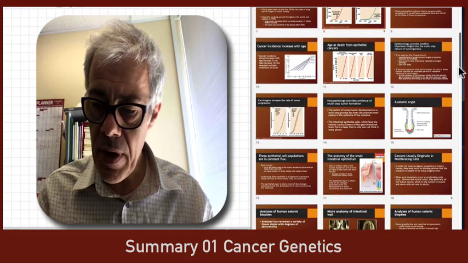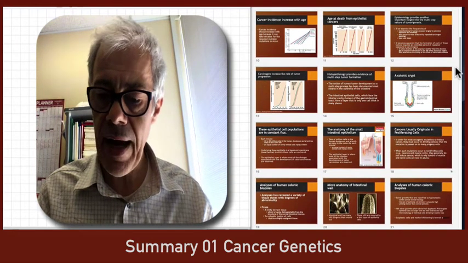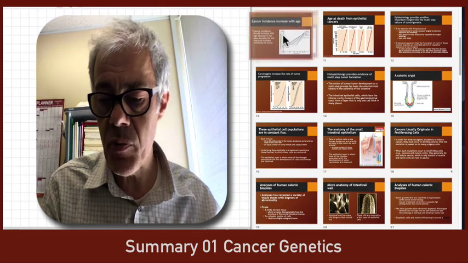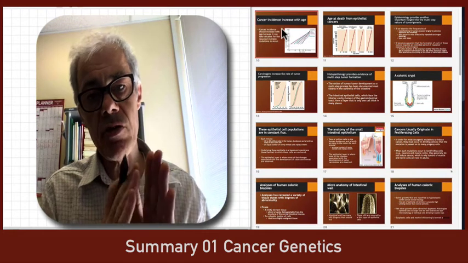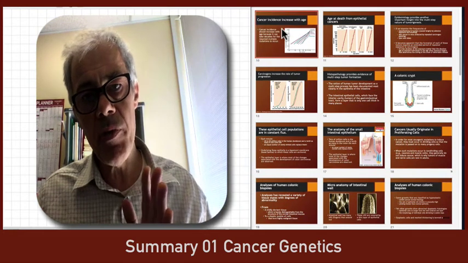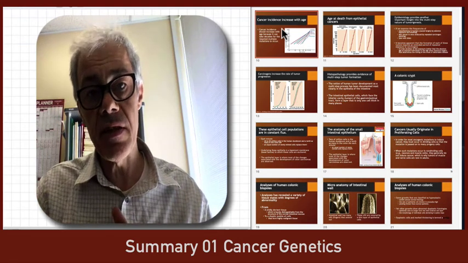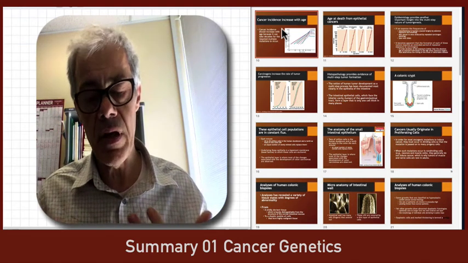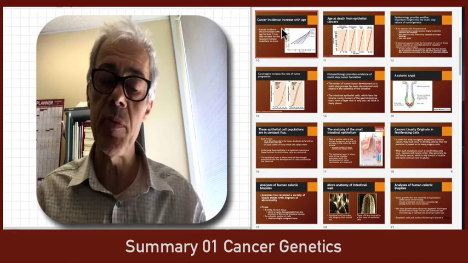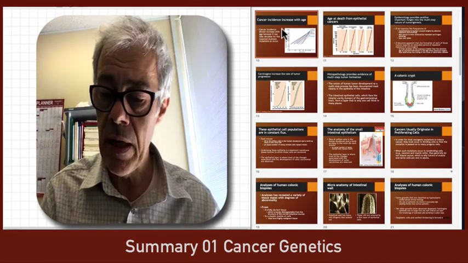We also talked about looking at various cancers which all follow this idea of increasing incidence over a long period of time. Again, this is going back to the idea of picking up multiple mutations over a period of time.